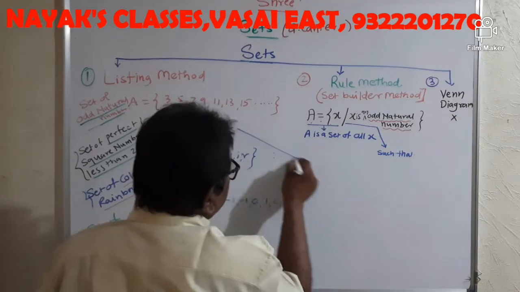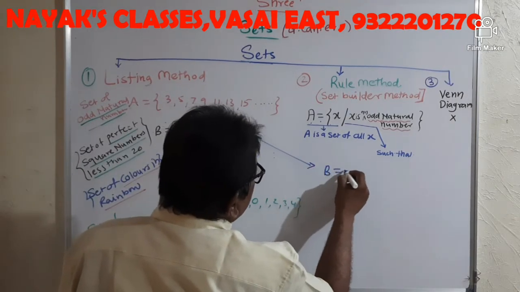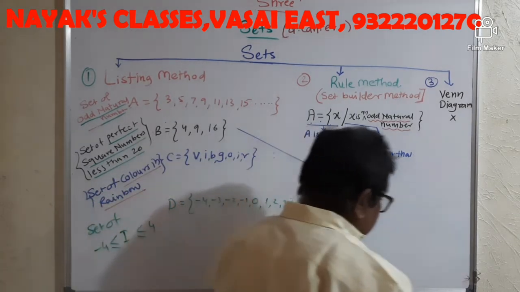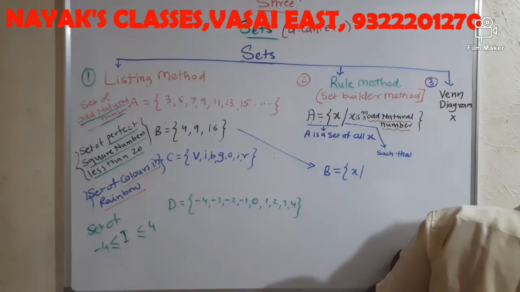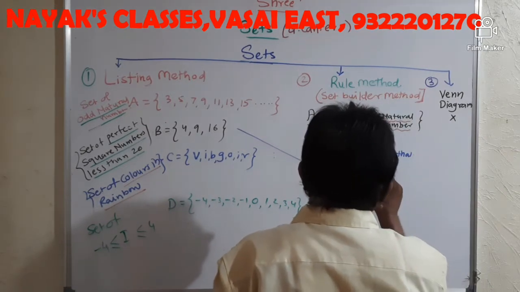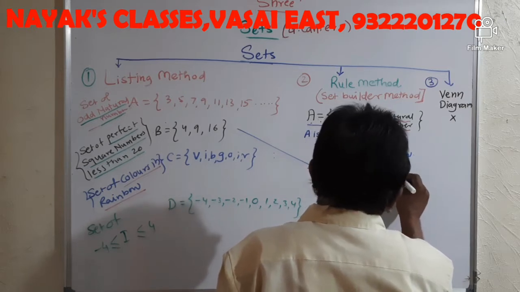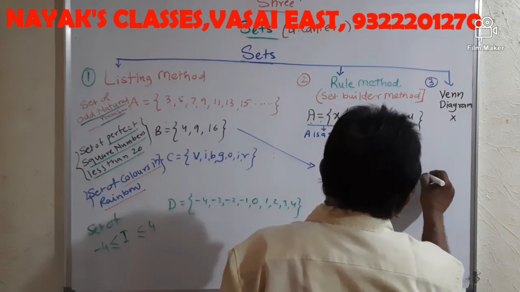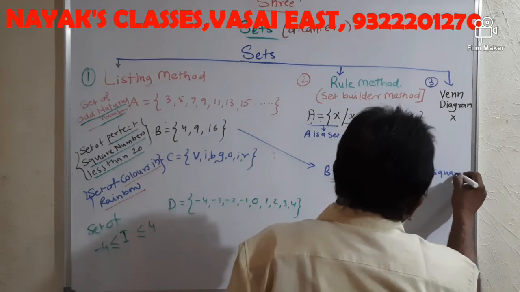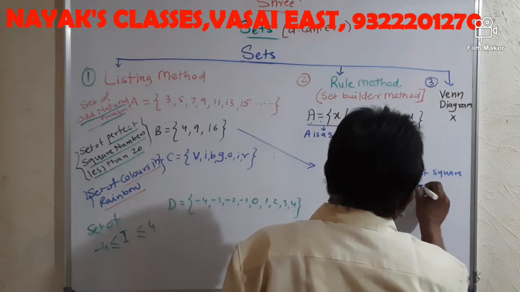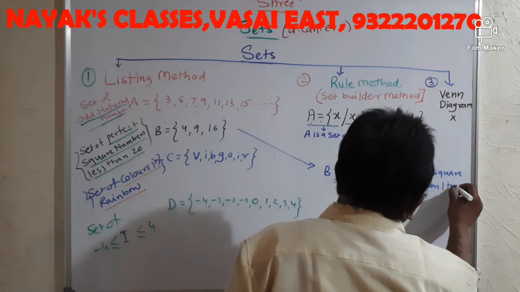I am writing here: B is a set of all x such that x is a perfect square number between 1 to 20.